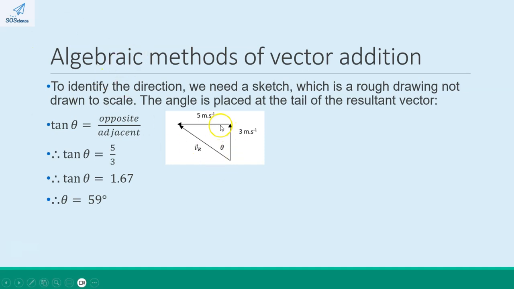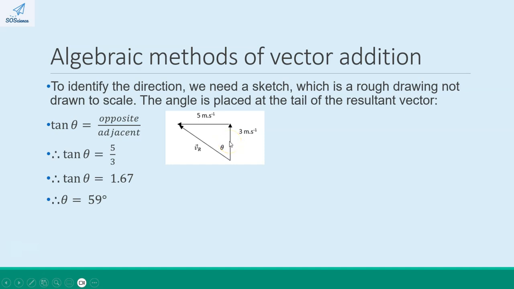Now the 59 degrees is this angle over here. Remember, the bearing method is from the north going clockwise until you've hit the vector. So we make a little compass at the tail of the resultant. Here's the north line. And then we go clockwise all the way until we hit the vector. If we go all the way from north, all the way around, back to the north, that's 360 degrees.